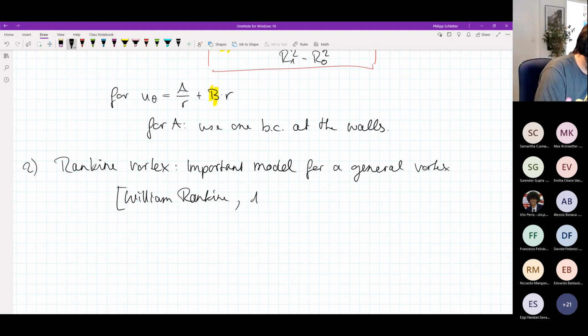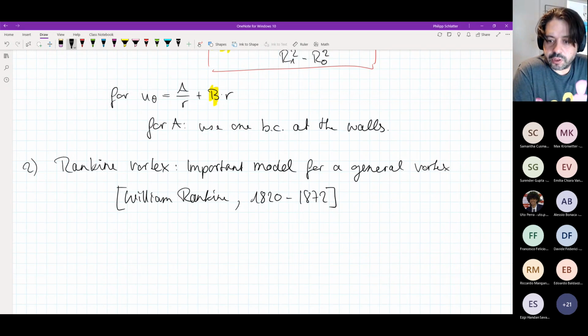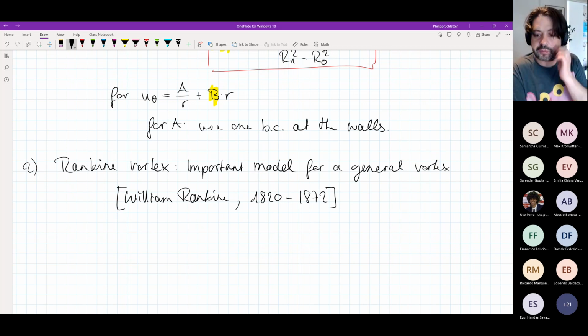He lived from 1820 to 1872. Rankine is also known for the Rankine cycle when it comes to combustion engines, but also for the Rankine-Hugoniot condition. If you have ever studied compressible flows with shocks, the Rankine-Hugoniot condition gives you the speed of a shock, for instance.